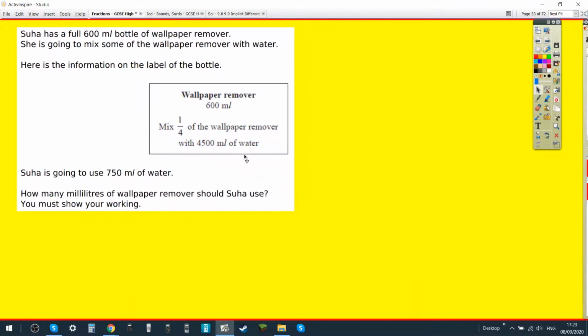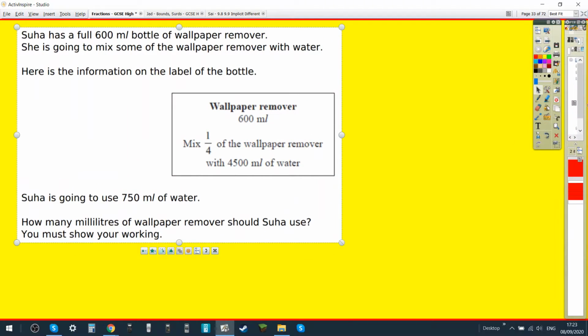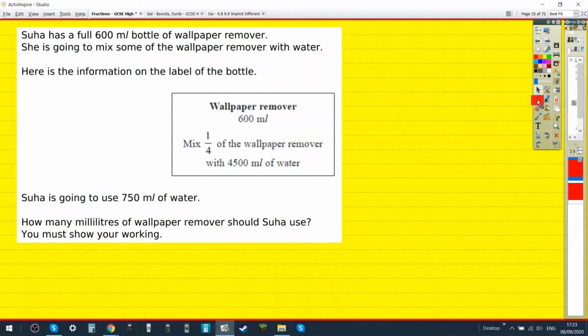Alright, let's try this one. So, 600 milliliters.